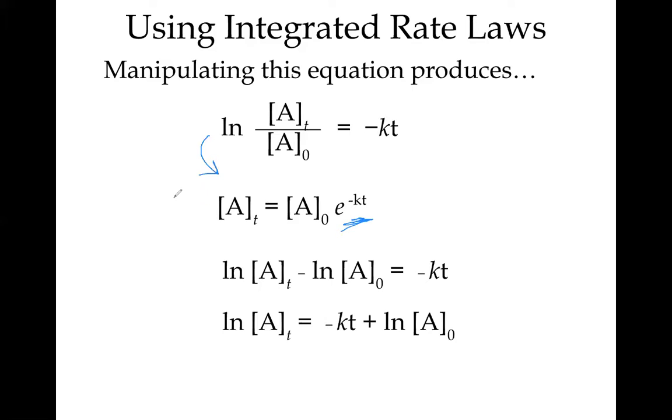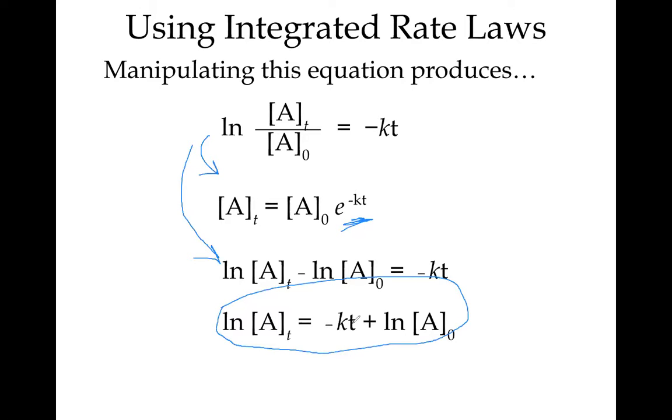Or we could say that this becomes this, where the natural log of At over A0 is the same as saying the natural log of At minus the natural log of A0. And then finally, if we wanted to just get the natural log of At by itself, we could add the natural log of A0 to both sides and get this equation here, right?